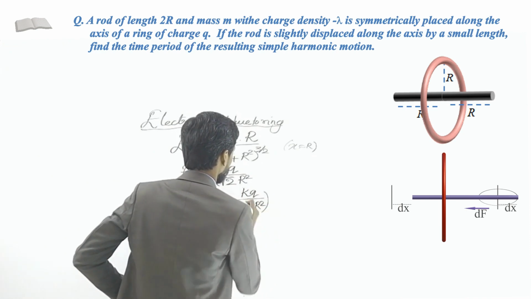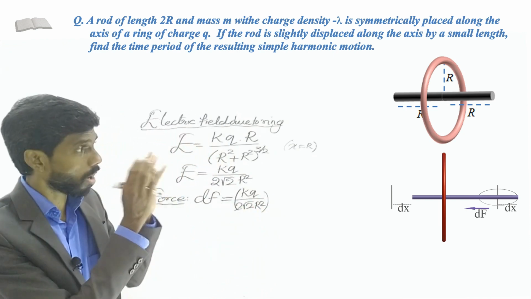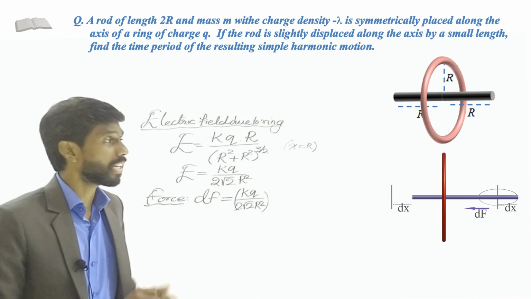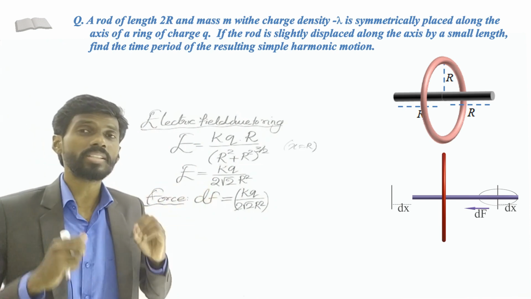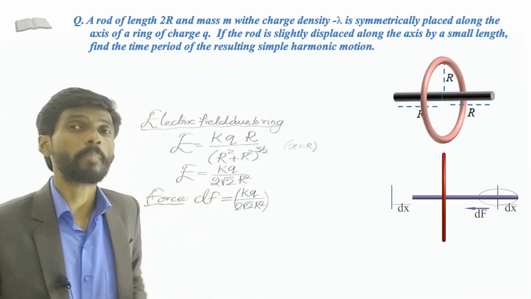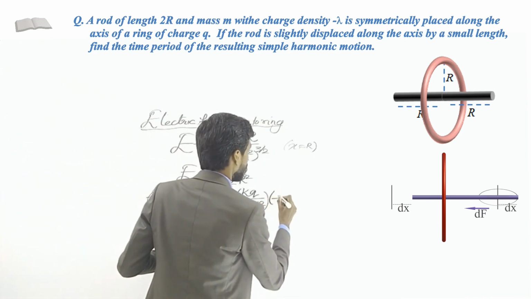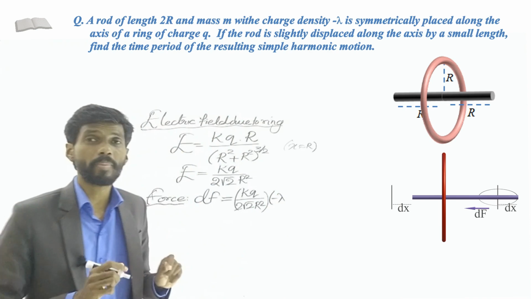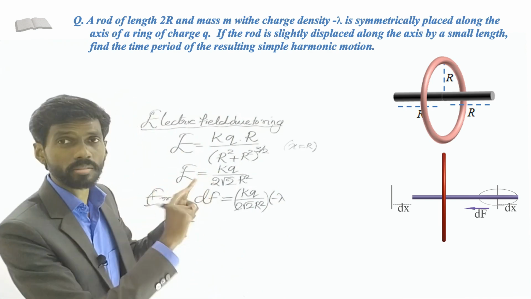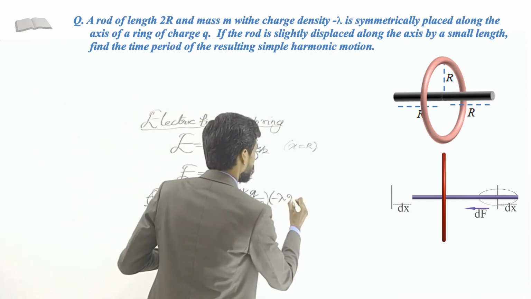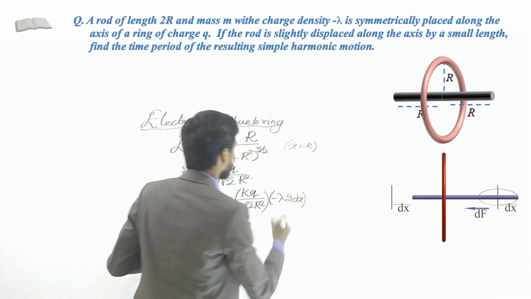What is the charge? It is a linear charge distribution, so the charge is the linear charge density multiplied by the length. The linear charge density is minus lambda, and the length here is 2dx. So the charge is minus lambda times 2dx.